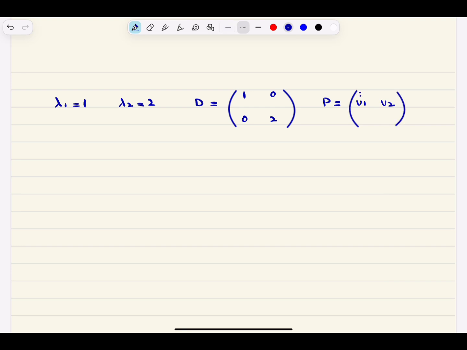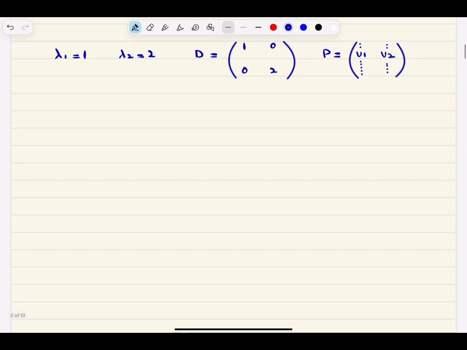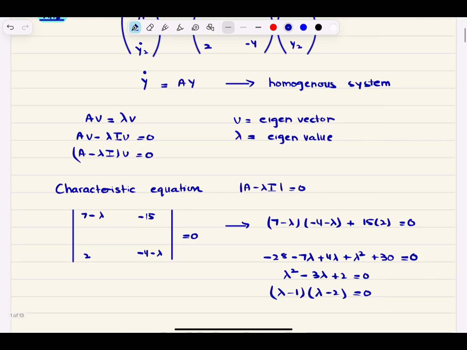Traditionally we put a dotted line here to denote that there's a vector here. Solving for the first one, we get (A minus lambda 1 I) v1 equals 0, and this was the matrix that we're going to solve.